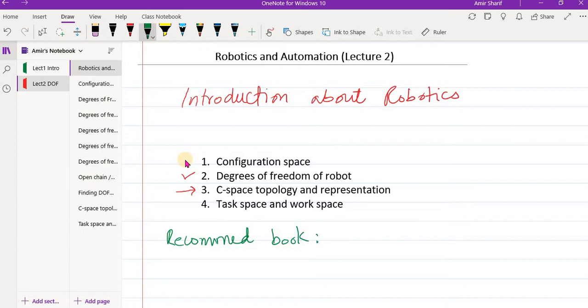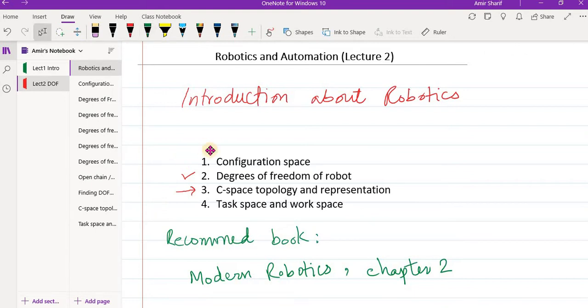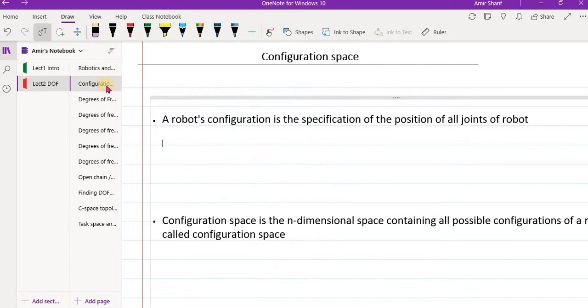The book name is Modern Robotics, and its chapter is chapter number 2. There you can find more details and more examples about today's lecture. So let's begin.